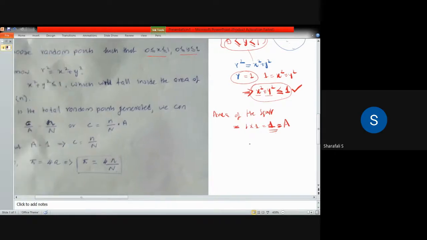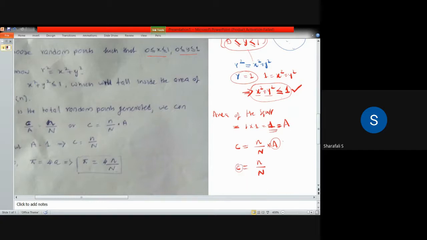As you know, C is equal to n by capital N times the total area, that is A, right? Now this capital A is equal to 1. So I can write C will be equal to small n by capital N. C equal to n by capital N.